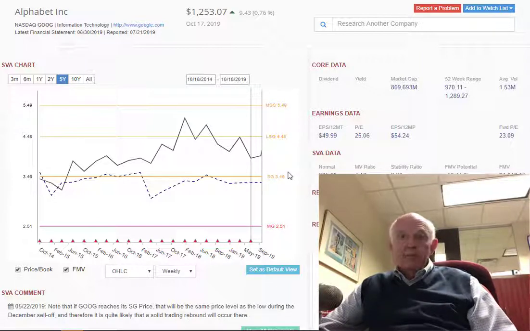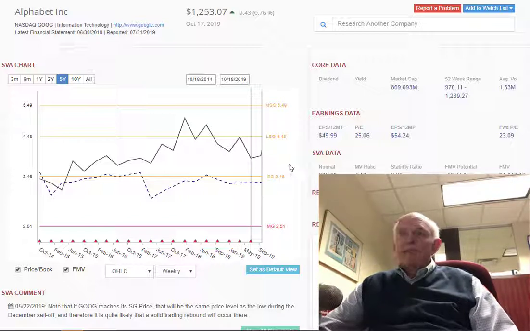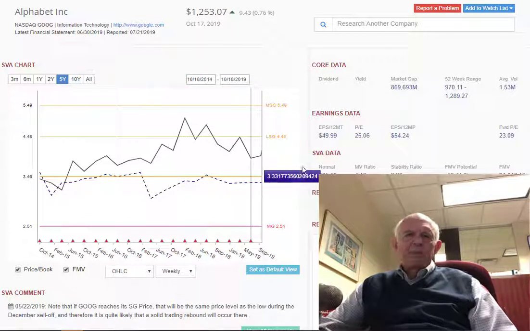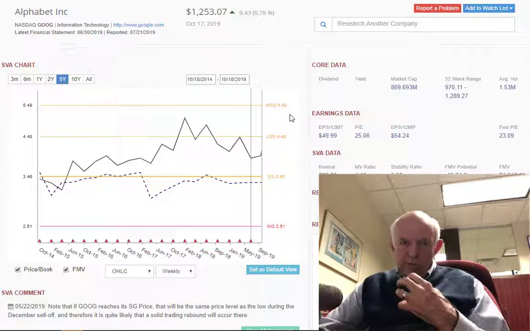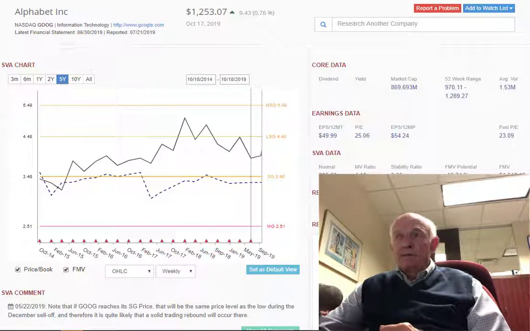That's 3.5 times book value, and that's the reason why I say that. Very, very steady, very powerful, and very steady returns from Alphabet, but nonetheless, they are really sort of pulling the stock down to that fair market value calculation.